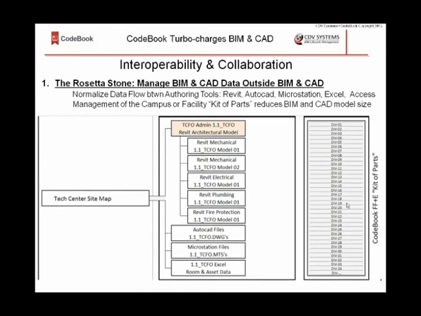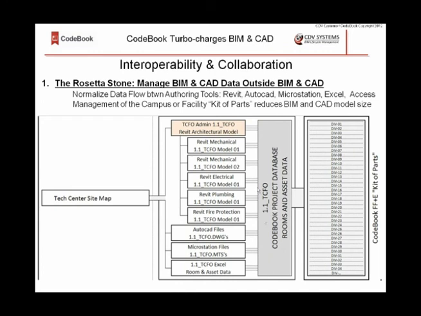Again, the CodeBook kit of parts sits completely outside that project, and this building has its own CodeBook project database, where CodeBook allows you to link in multiple BIM or CAD platforms into the same CodeBook project. And again, data can pass back and forth, and of course this CodeBook database is linked to the kit of parts. So if a change happens in the kit of parts, it's automatically changed in the CodeBook project.